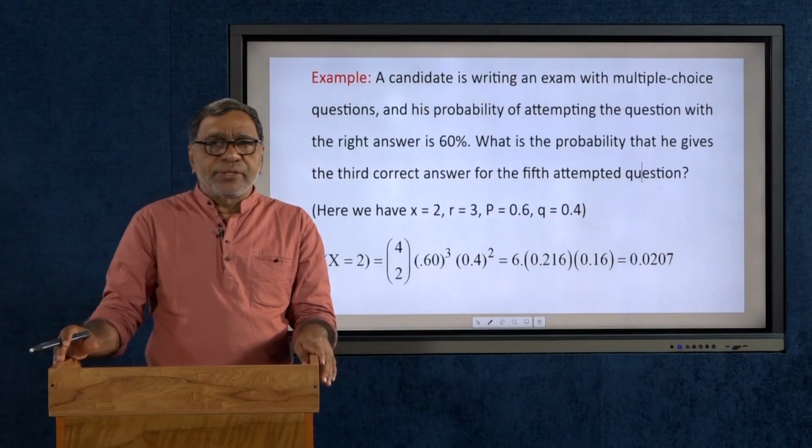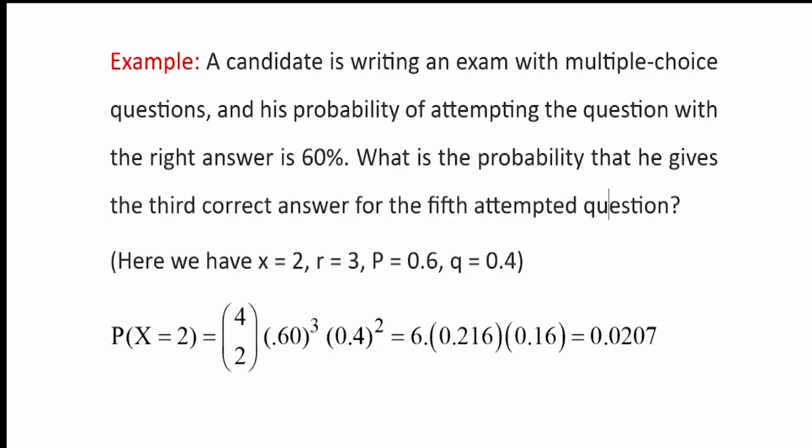Example, just consider, suppose a candidate is writing an examination with multiple choice questions, and his probability of answering a question with the right answer is 60%. That is, the probability of answering a question correctly is 60%, that means 0.60. What is the probability that he gives the third correct answer for the fifth attempted question?